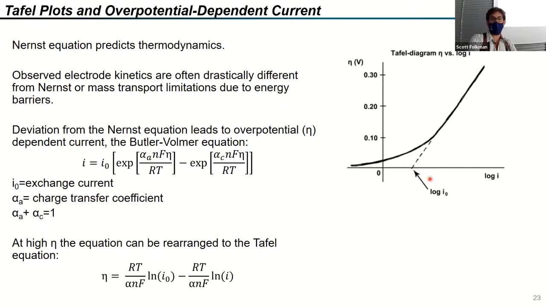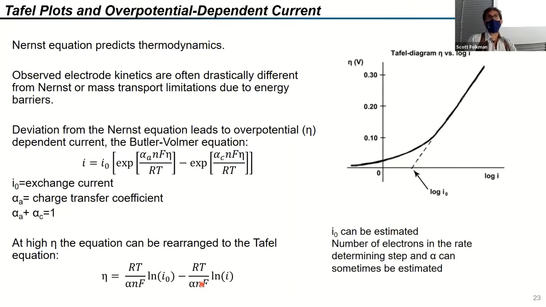As I mentioned, that can be a very powerful parameter to know. The other really important part is that the slope of this can give us information both about the symmetry of the charge transfer and the number of electrons in the rate determining step, which can be very useful if we're doing mechanistic studies.